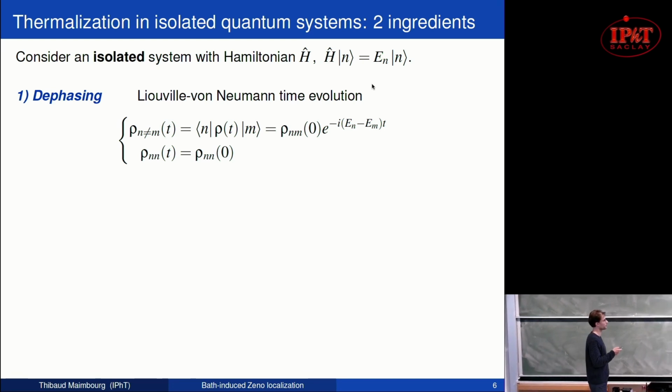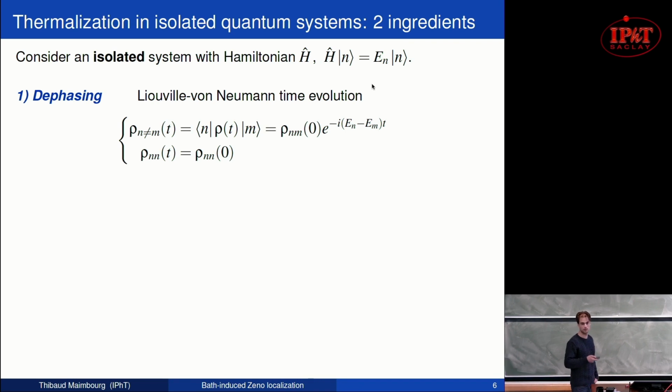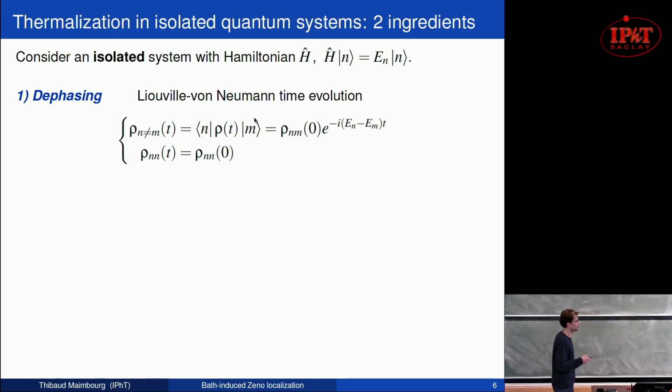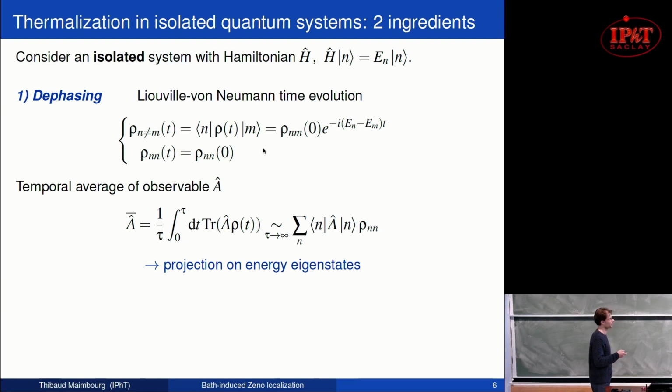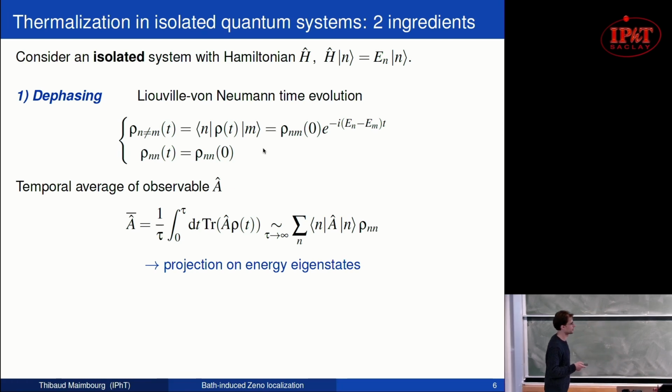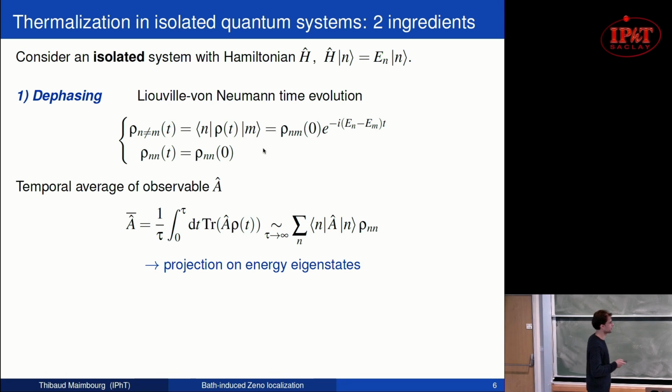So if you look at the time evolution of the density matrix, if you project it in the eigenstate basis, the off-diagonal elements will oscillate. These are the so-called coherences of the system. They oscillate while the diagonal remains constant. Okay. And all this has been discussed by Mark Srednicki in September when he was talking about the eigenstate thermalization hypothesis.